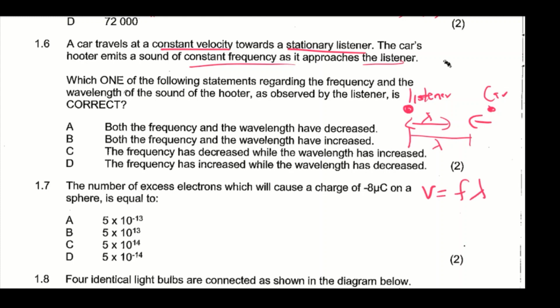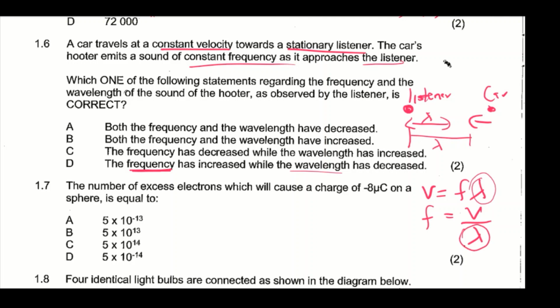And we're observing frequency and wavelength, right? So if the wavelength decreases, then what happens to the frequency? So frequency is equal to v over lambda. So if wavelength decreases, then the frequency becomes higher, right? So it increases. So they're inversely proportional.